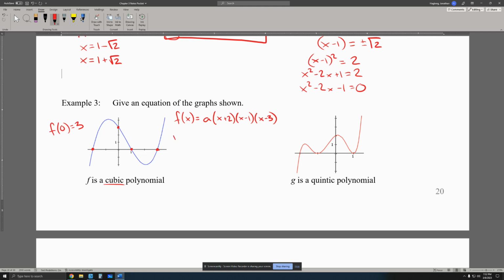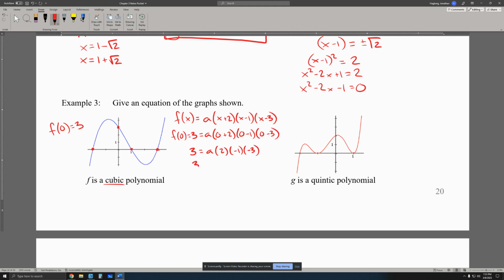So we know that f of 0 is equal to 3. So this must be equal to where x equals 0. So we're going to plug in 0 anywhere that we see x, and then we're going to solve for a. So we get 3 is equal to a times 2 times -1 times -3.